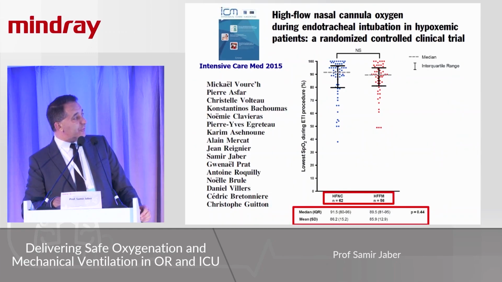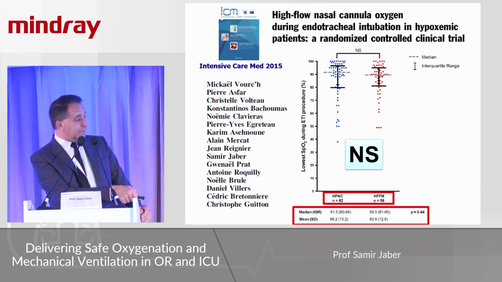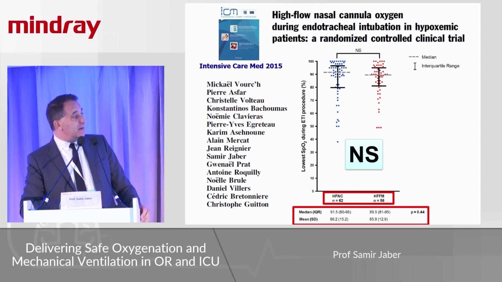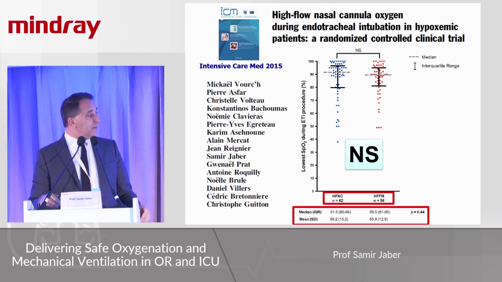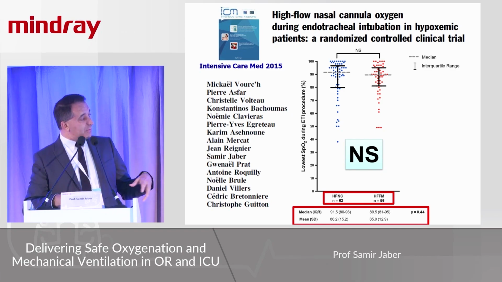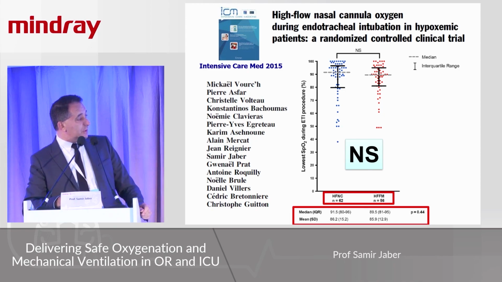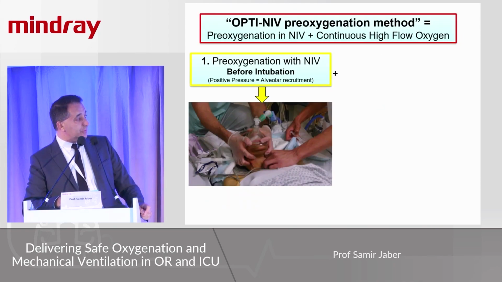However, when we performed the first randomized French study, we found no significant difference between high flow oxygen therapy and standard oxygen. So why is this the case? Probably in this case, when you put high flow oxygen and you remove the balloon, you lose some pressure and lung volumes.